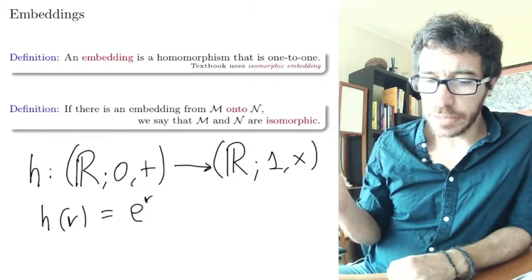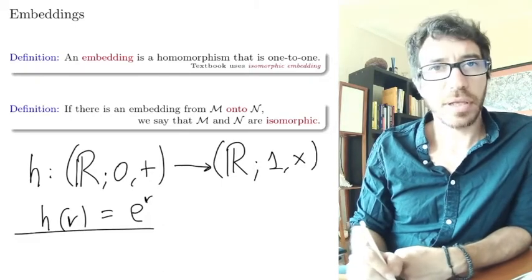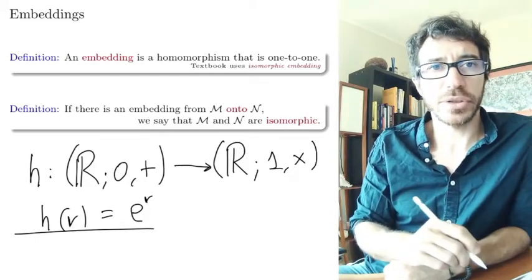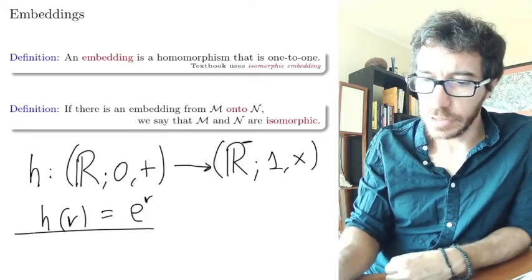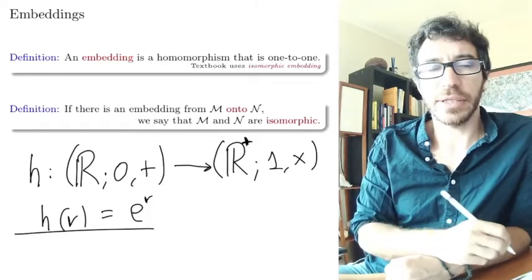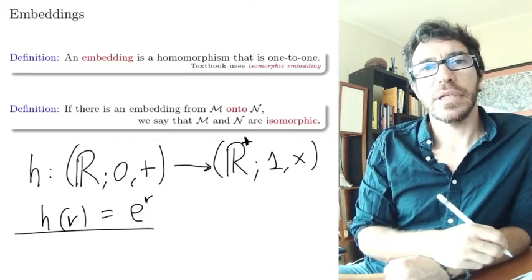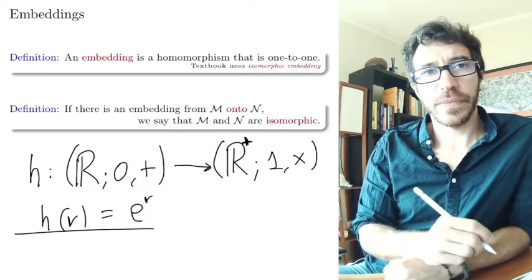Why is this an isomorphism? Well, it's one-to-one, as we know, and it's onto. Well, okay, sorry. We need positive reals to make it onto. So let's make it to the positive reals. Now it's onto, it's one-to-one.